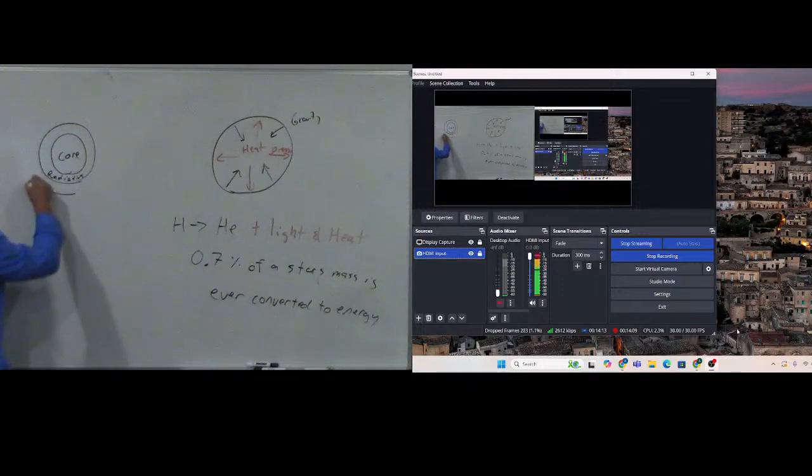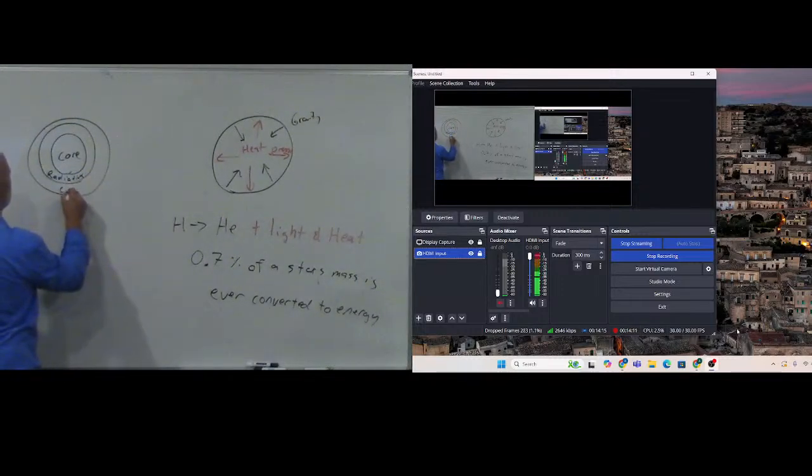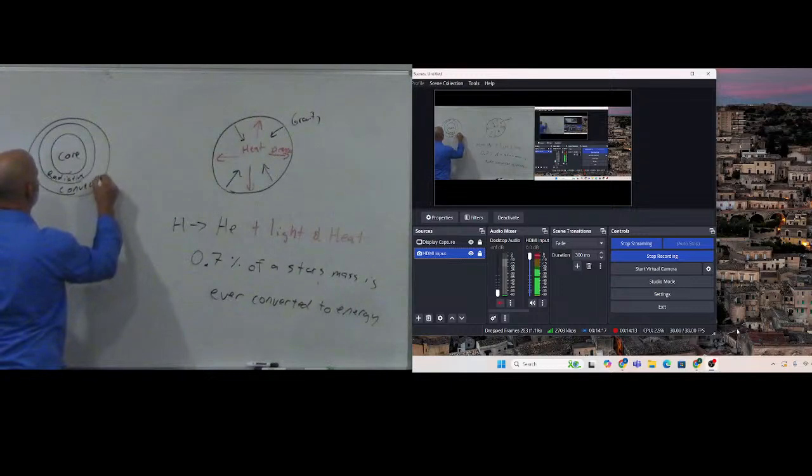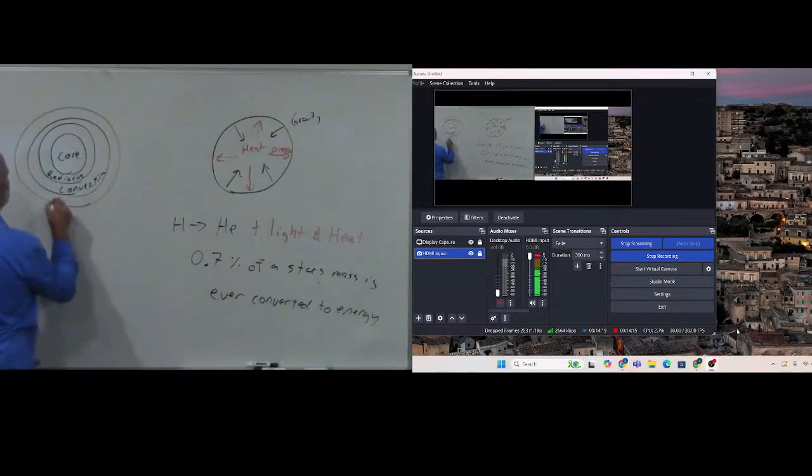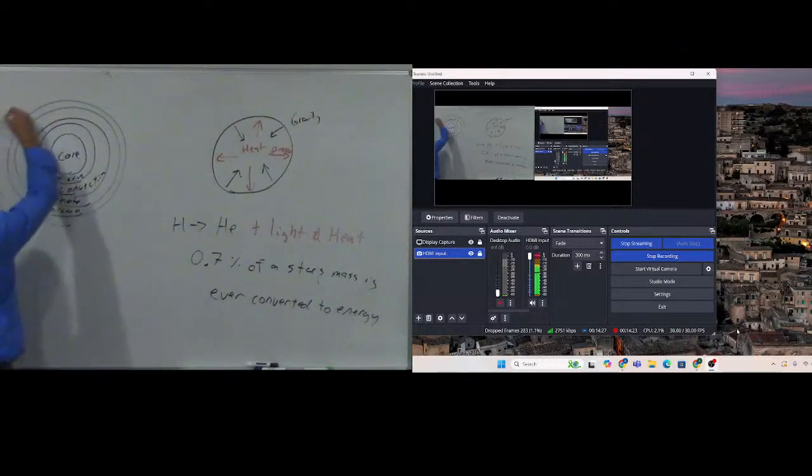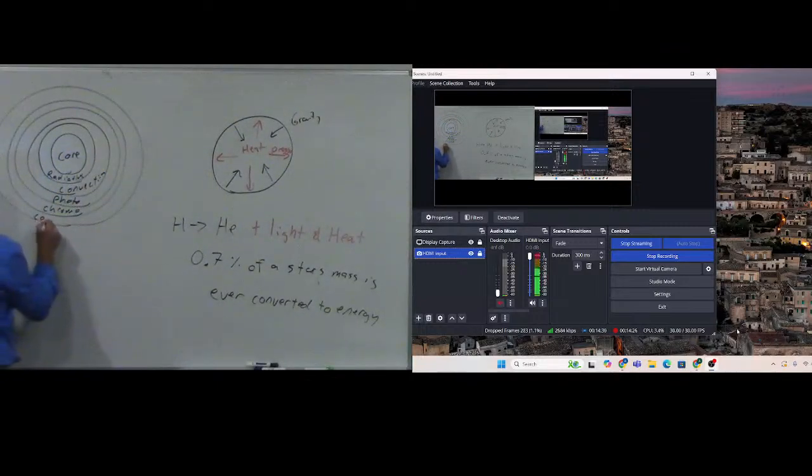And I've got the convection zone. I've got the photosphere. And then I've got, which one? Chromosphere. And then, of course, I've got corona. Good. Okay. So, all of my fusion happens here during the main sequence.